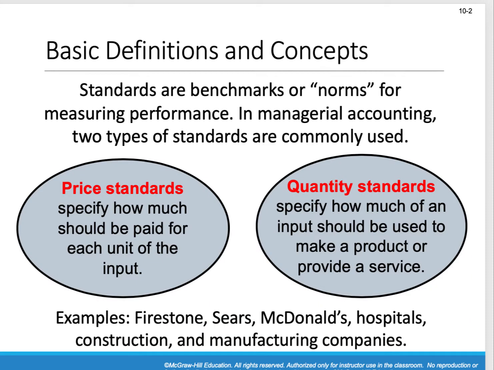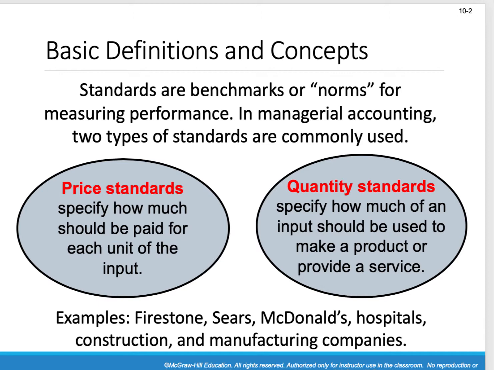Okay, so first thing we got to look at is the basic definitions, right? So in Chapter 9, when we looked at the variance and calculated the spending variance or the revenue variance or the activity variance, we based our decisions on either a static budget or a flex budget based on those cost equations, right?